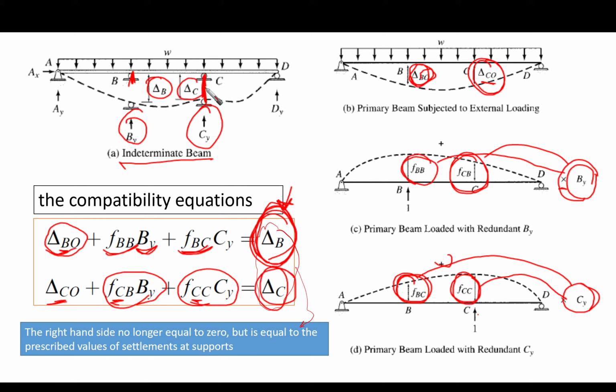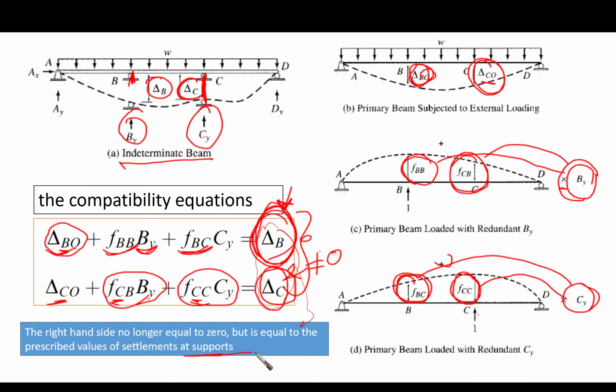We're talking about settlement. It's not 0 as before. Before we used to put it 0, but here we are not going to put it. It has a value. Okay? So these are the two compatibility equations that we are going to use. The right hand side no longer equals 0, but is equal to the prescribed values, the settlements at the supports.